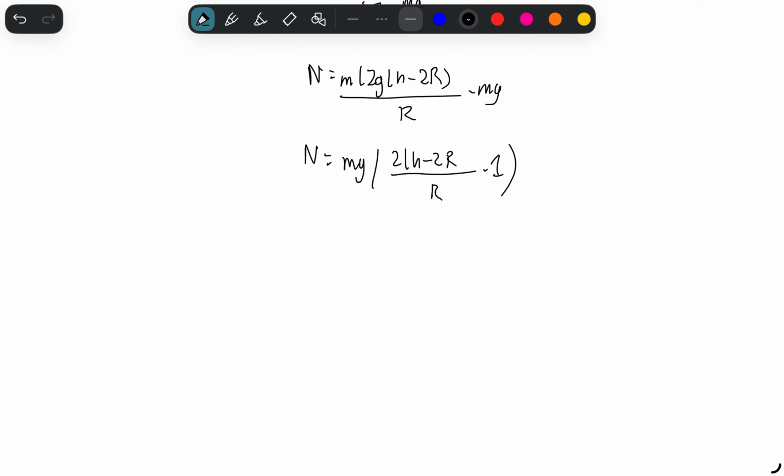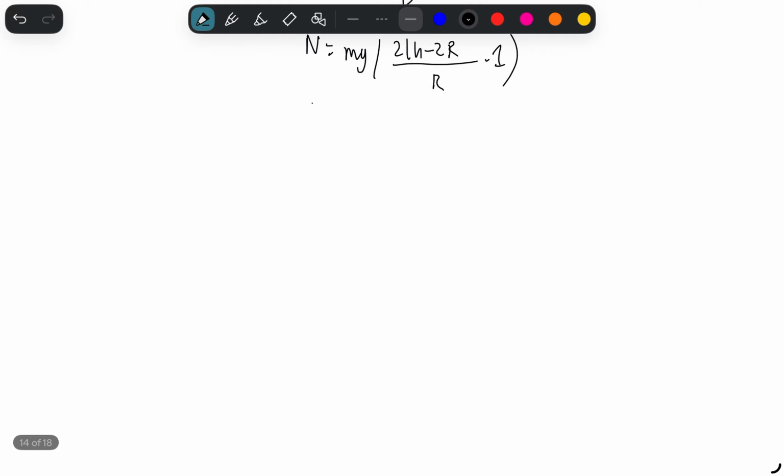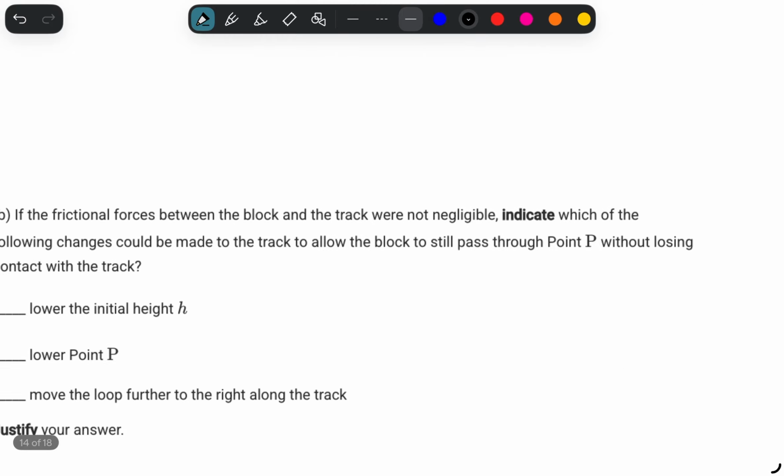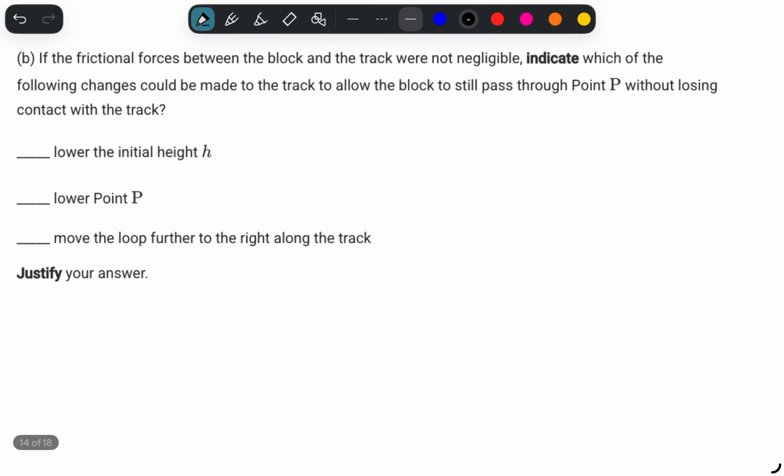Now after this, keep simplifying this. Same thing, just factor out that r. Now that's our normal force expression.